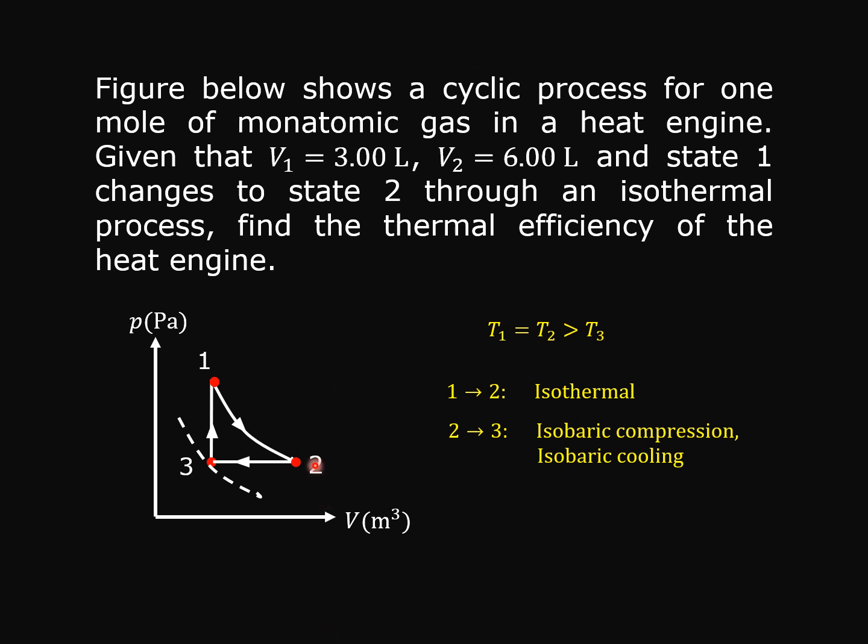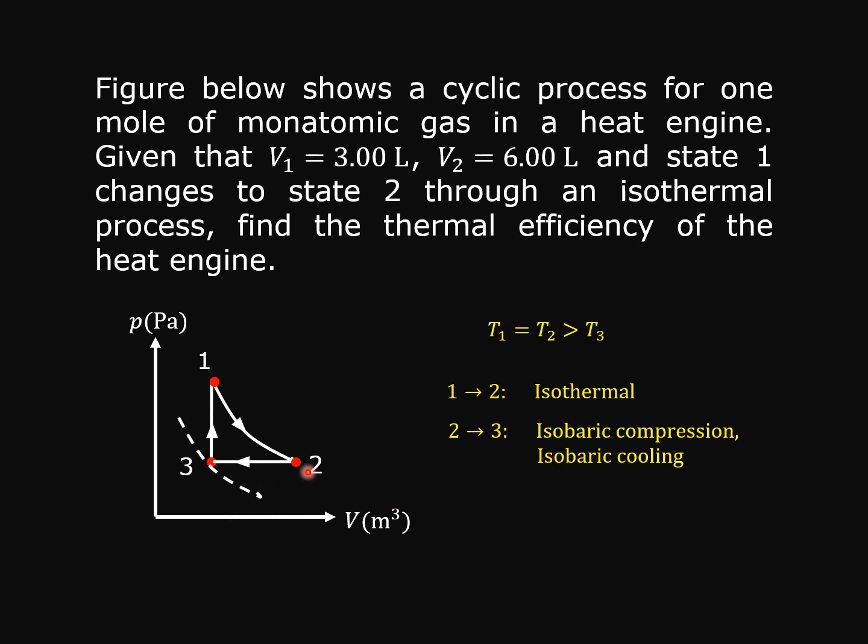When the state changes from 2 to 3, this process happens at constant pressure. That's why the process is an isobaric process. And because the volume is reducing, it is a compression.